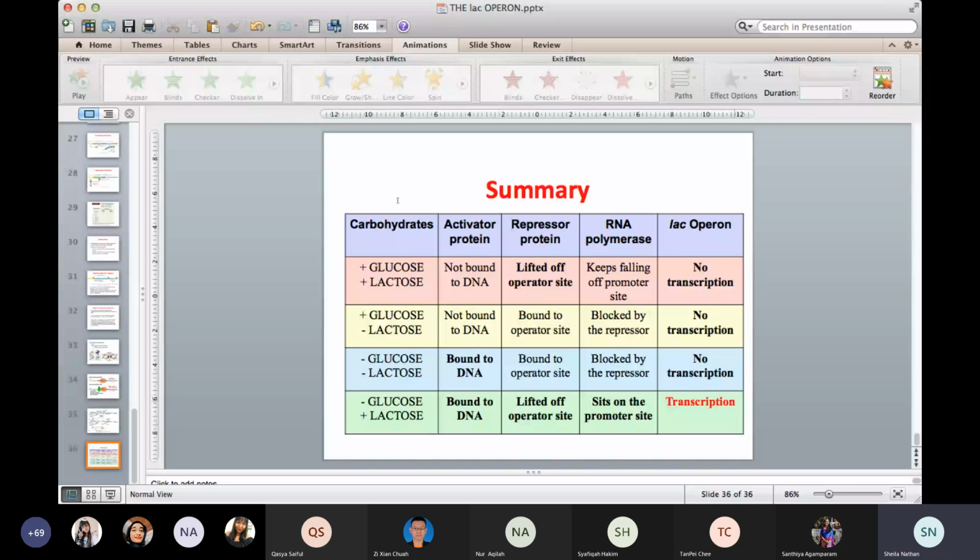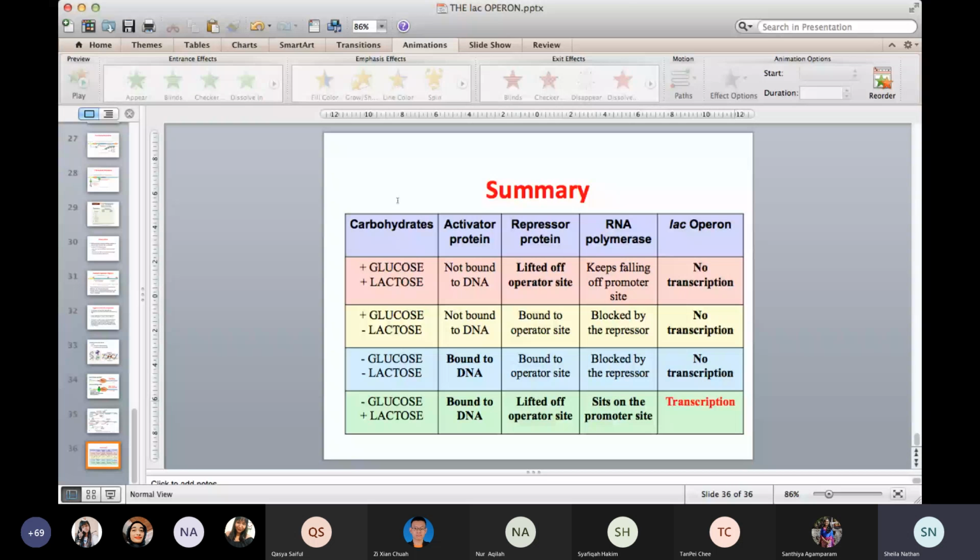So when there is not enough glucose, how come the repressor molecule doesn't bind to the operator anymore and the Lac Operon can be switched on? You should be able to explain that, because when there's no glucose, the small amounts of permease go out of the cell, search for lactose, and bring the lactose in.